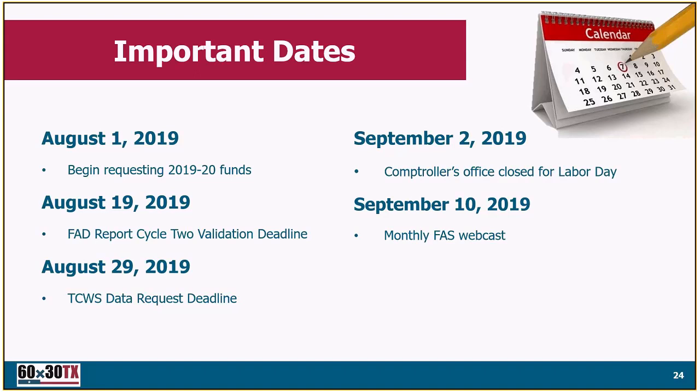And then starting on September 1st, once we return from the Labor Day holiday, the coordinating board will start processing those funds and sending those to the comptroller. Speaking of which, you'll notice directly across from that, September 2nd, the comptroller's office is closed, as well as the coordinating board and many of the institutions. So September 3rd is the day that we reopen, and that's when things will start moving through the process again.